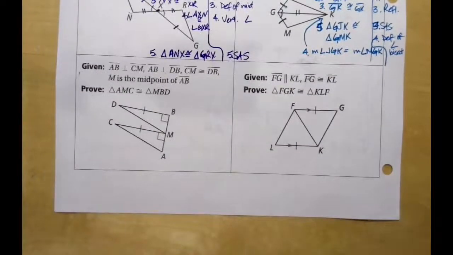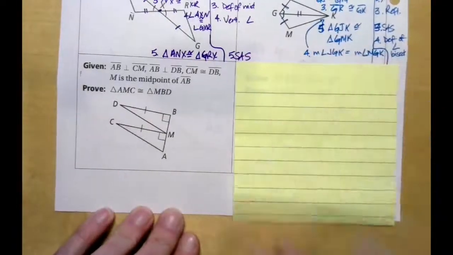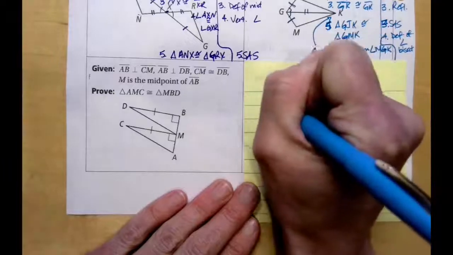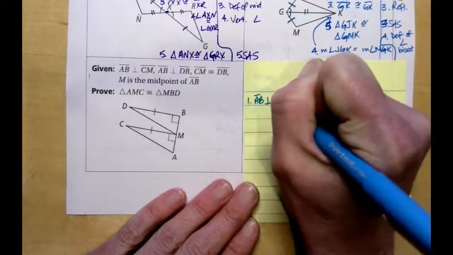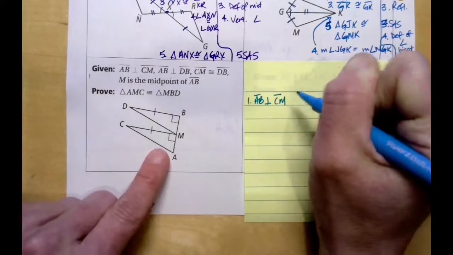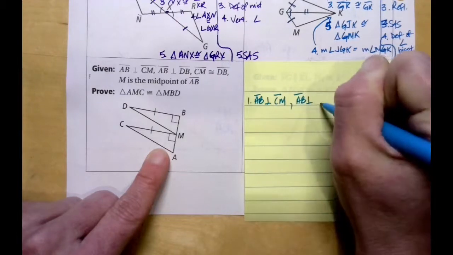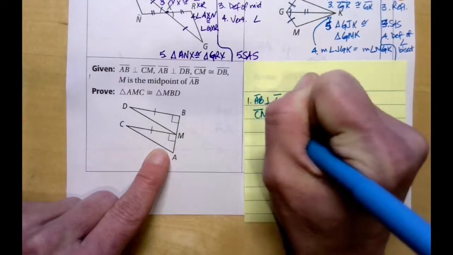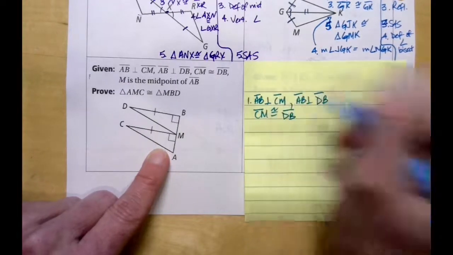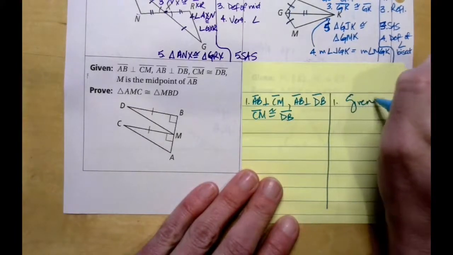All right. Let's get a Post-it note and see if we can keep the proof a little neater for this one. Ready? Let's try it this way. When I have segment AB is perpendicular to segment CM, I have segment AB is perpendicular to segment DB, and I have CM is congruent to DB, and that is all given.